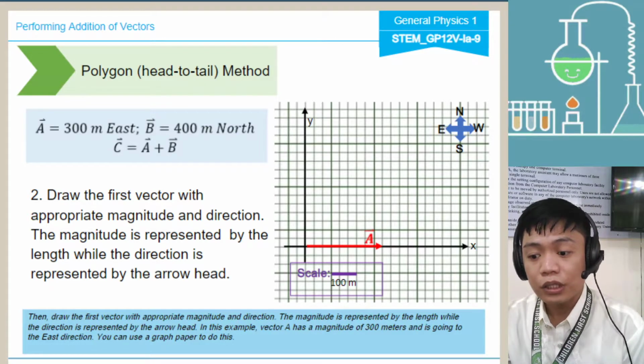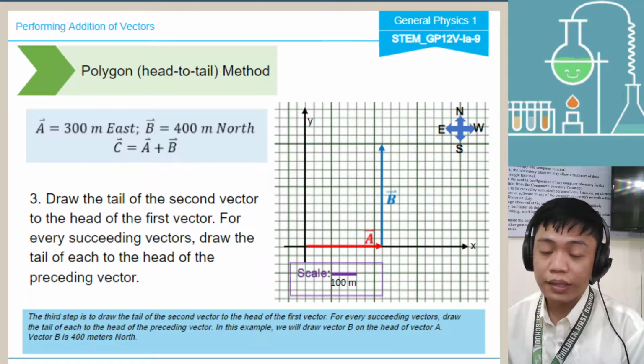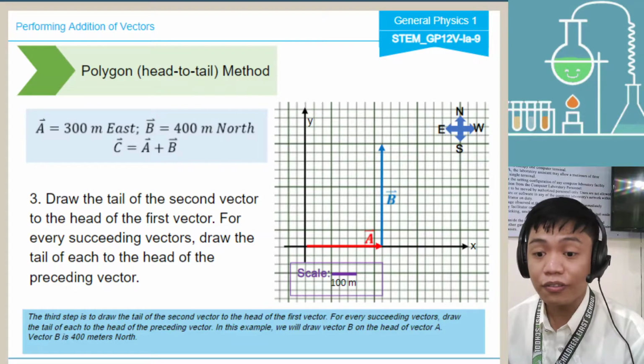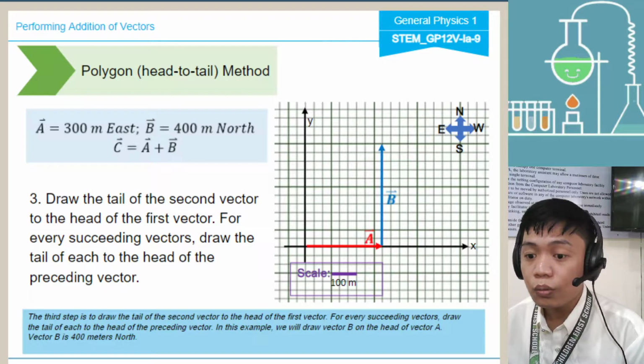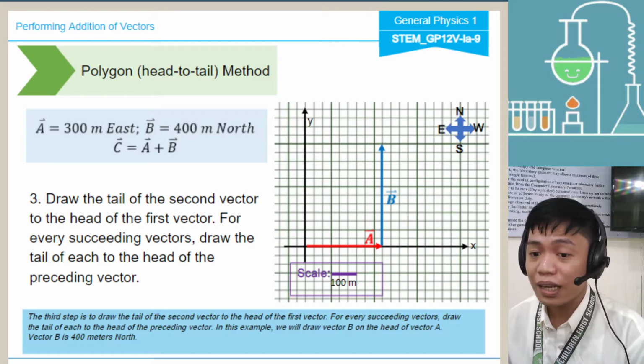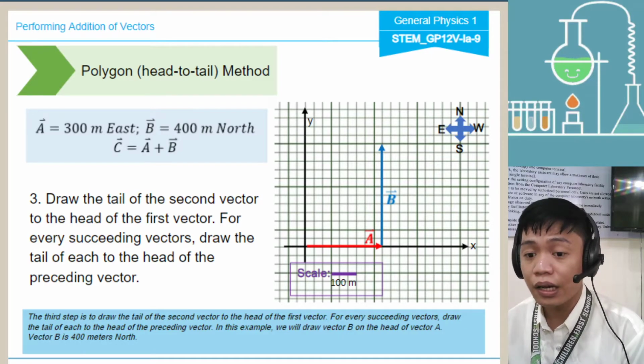Now, let's proceed to the third step. Draw the tail of the second vector to the head of the first vector. Upon plotting the first vector, which is 300 meters east, the next thing that you have to do is to draw the second vector at the head of the first vector.